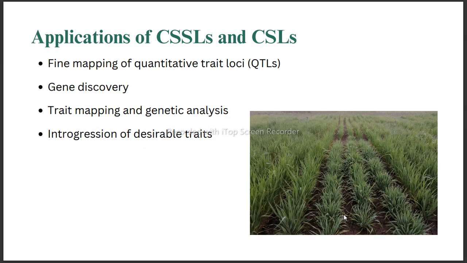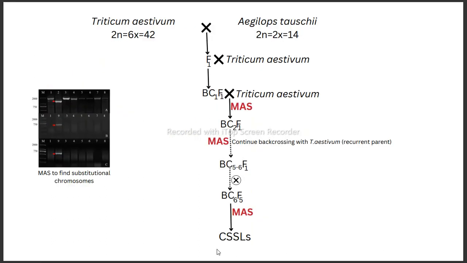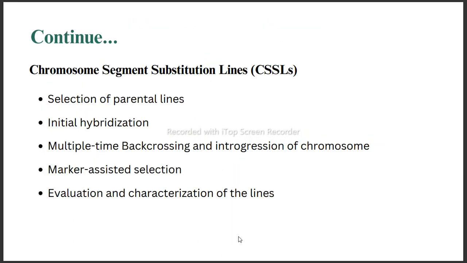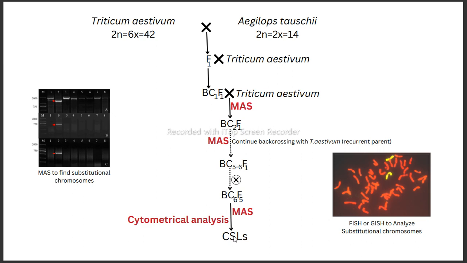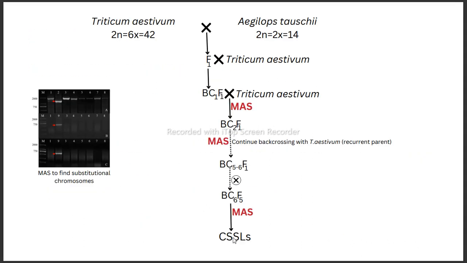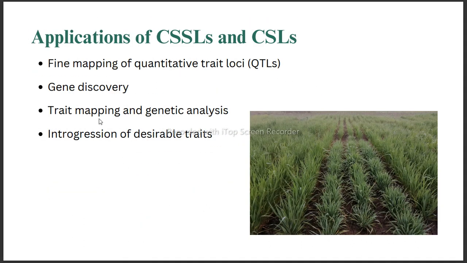Moving forward, if I talk about the application of chromosomal substitution lines or chromosomal segment substitution lines, we can utilize these lines, which will be developed at the end of the whole process, for fine mapping of QTLs, quantitative trait loci, meaning which part of the genome in a plant is controlling a particular quantitative trait.